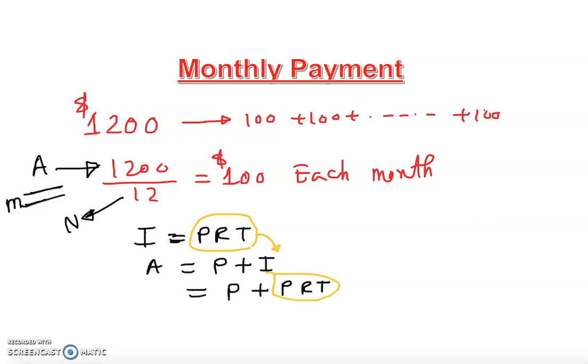So I can take a factor of P: P(1 plus RT). This is the total amount, the future amount I can find out here. Once you know the total amount, you can just divide by the number of payments.